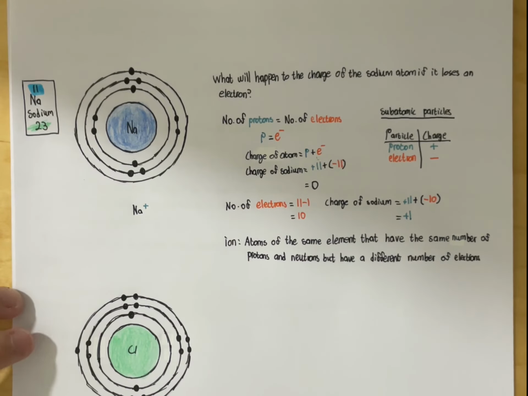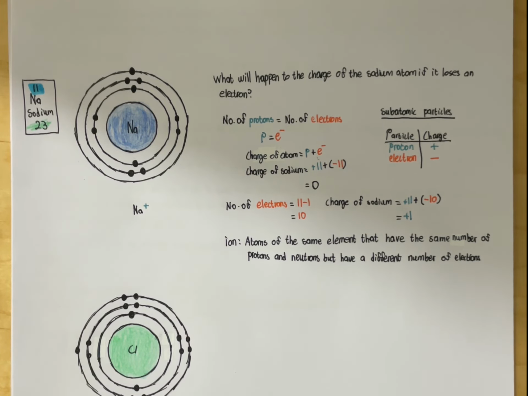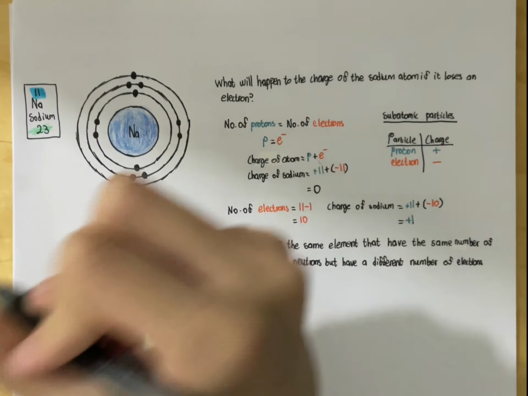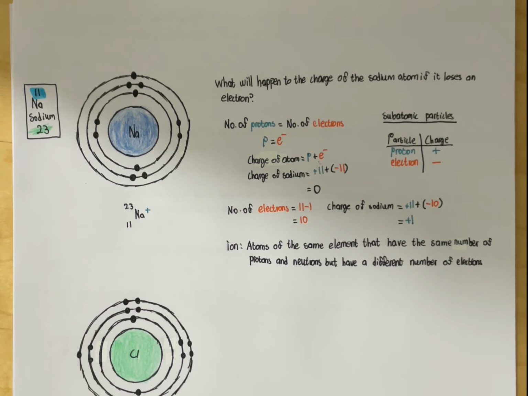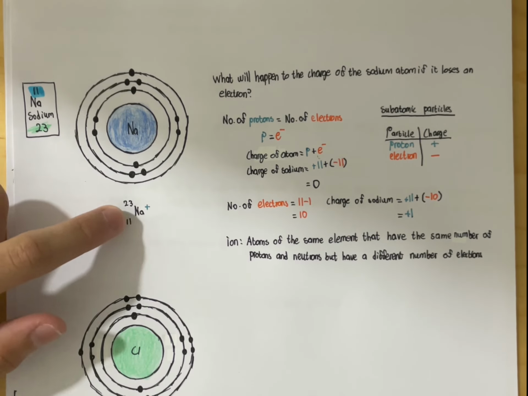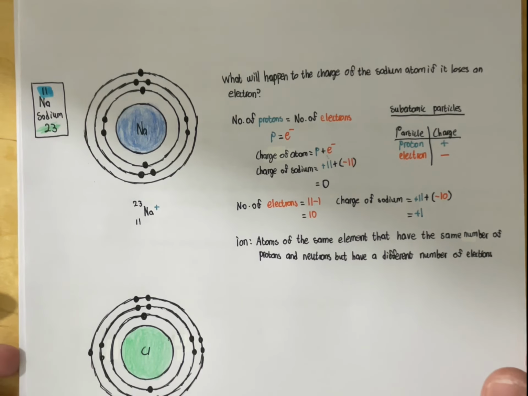If you wanted to do it in nuclide notation, I believe it's going to be 23, 11. If my chemistry knowledge hasn't betrayed me, that's correct. Give me 1 second. Yes, okay, that's correct. So in nuclide notation, it's just going to be 23 11 Na+.